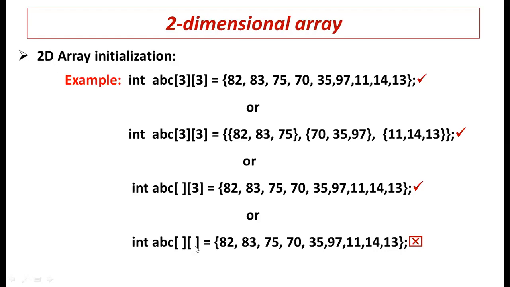If we don't use column size, then it will not be accepted. It is invalid. Here we don't have row size, but we have column size, and it is accepted. Here we have no row size and no column size. As per the rule, column size is mandatory, that's why it is invalid. If we have row size and no column size, again it is invalid. The condition is that column size should be there.